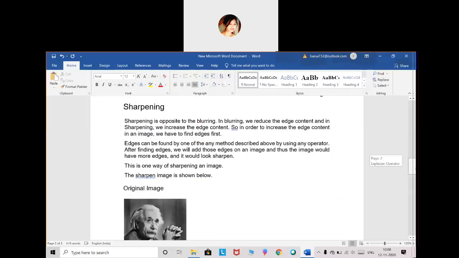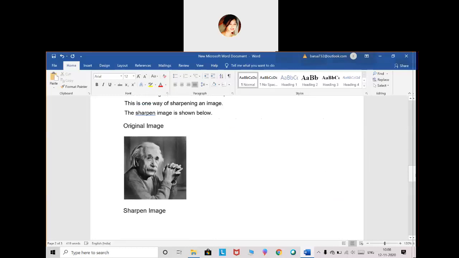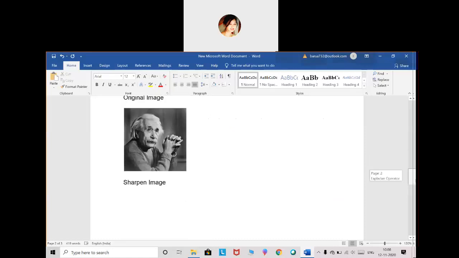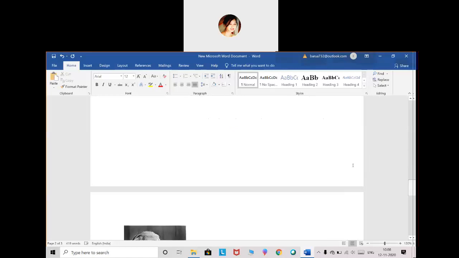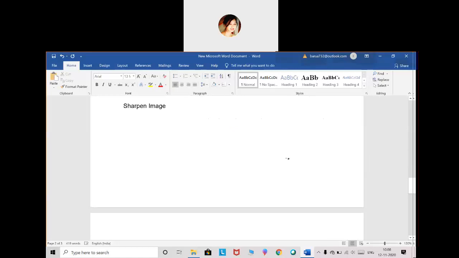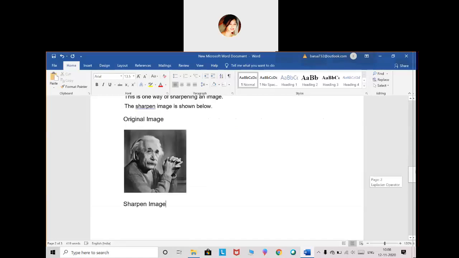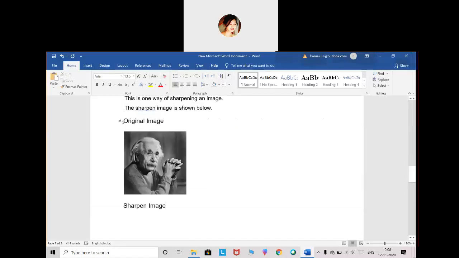Suppose this is the original image. For example, they are taking the original image of Einstein. Then when you apply sharpening, this is the result. Let me show you together.